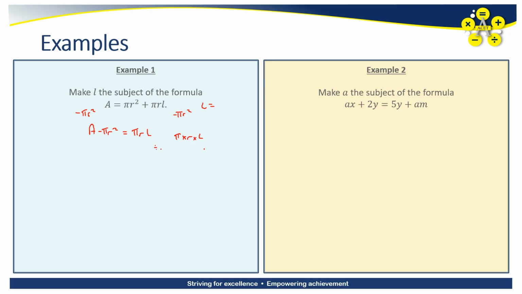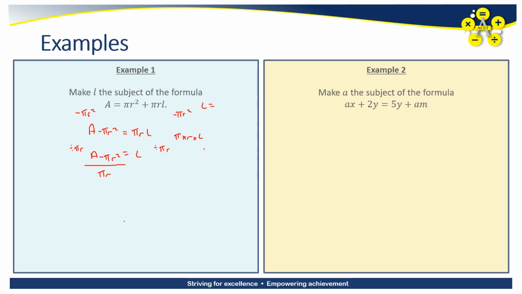So I'm going to divide both sides by pi r. On this side, pi rl divided by pi r is just L. Now on the left hand side, I'm going to divide the whole thing, so I'm just going to write it as a fraction, and this pi r is going to be my denominator.